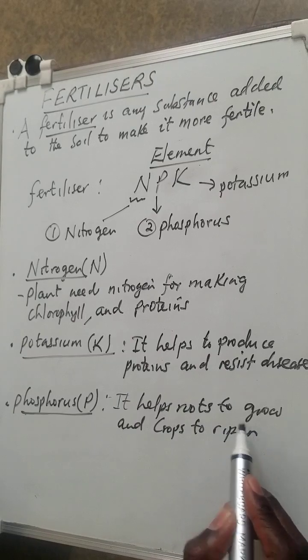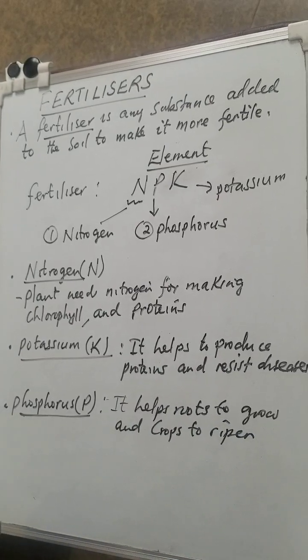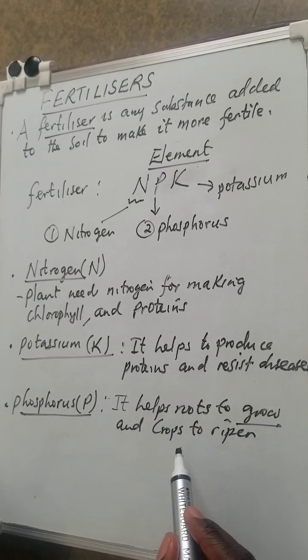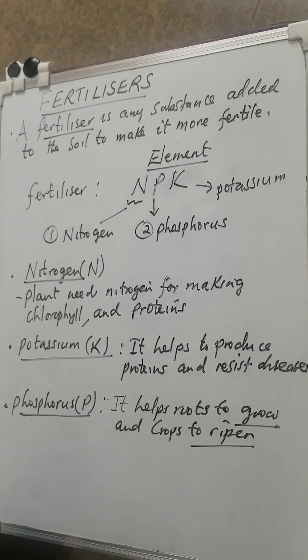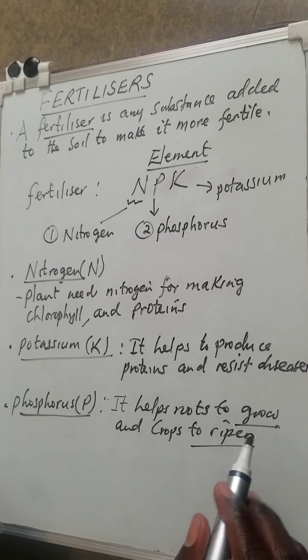So in case you want your crops to grow and ripen, phosphorus becomes very important. Potassium may also help in stem formation, making the stems stronger. Now I'll give you some examples of common fertilizers that you may come across.